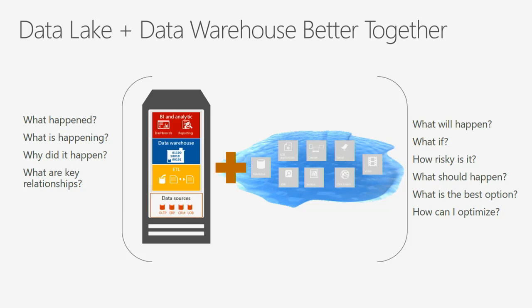And once you've built up all those features from your data lake, we can then store that inside SQL Server or in a SQL Data Warehouse, which can then be flagged down to a report, right? Because the way we can merge these two technologies together improves how we get to that predictive scenario: what will happen, what if, how risky it is, etc.